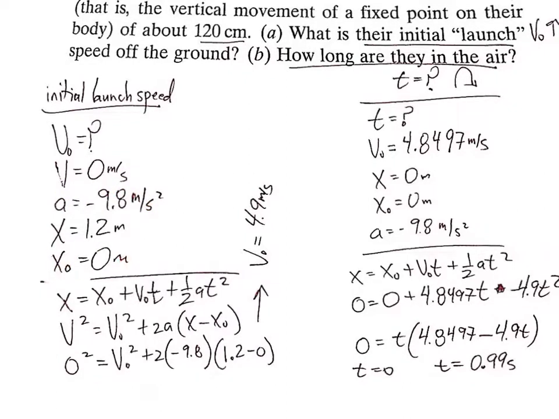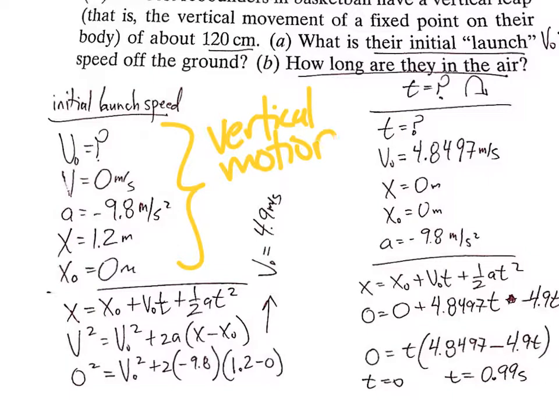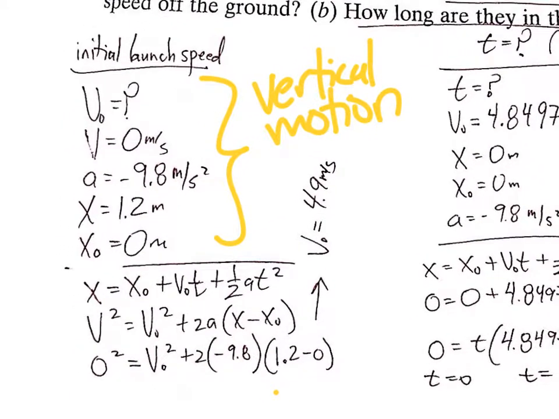Initial position 0 meters and final position 1.2 meters. So notice this is all information related to vertical motion. Nothing side to side. Even though we use x for position, and I know that's a little funky, you'll get used to it. So we're talking about vertical motion.